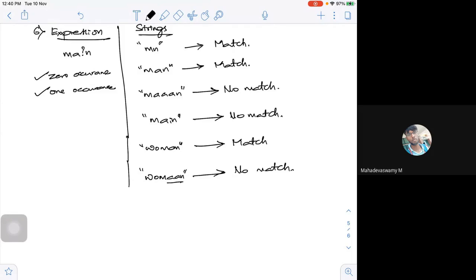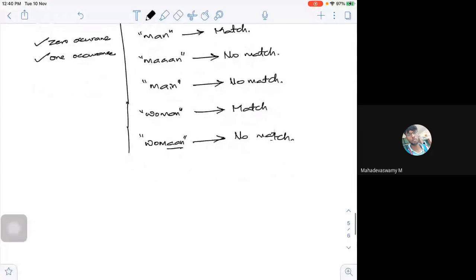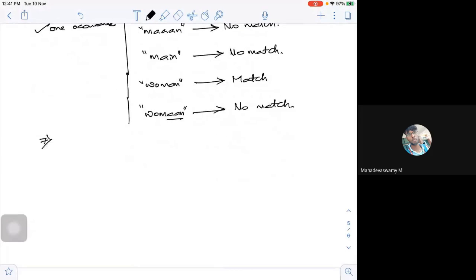How can I use the braces? So braces means what exactly? Your flower brackets. Now take for example the next type of expression, something like A{2,3}.